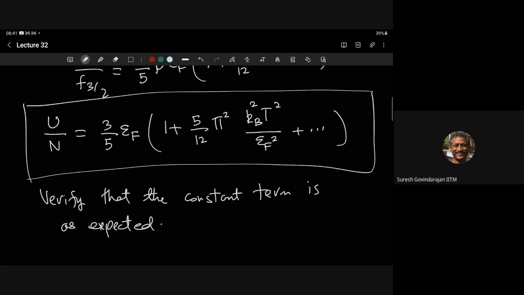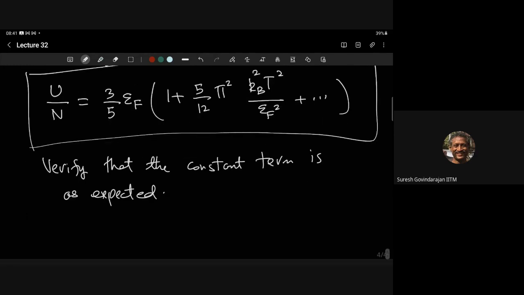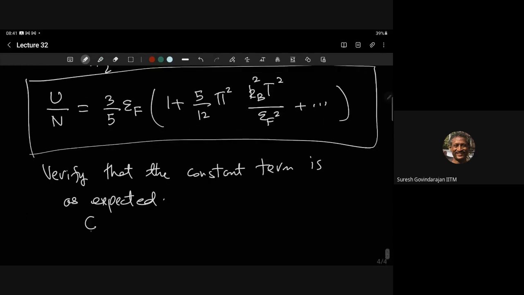Okay, but what we have, so we have seen this thing. So C by N will be, you have to take a derivative of this with respect to T. So that will be 3 by 5. Okay, so one T will go off. I'll pull the kB here. Okay, these epsilons will cancel into 5 by 12 pi square into 2 kBT.